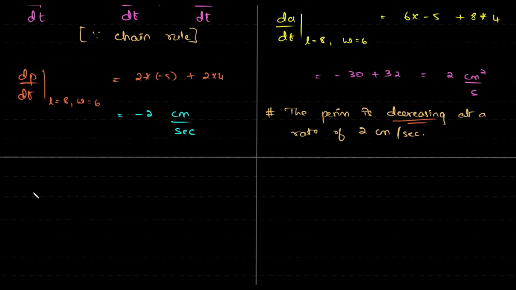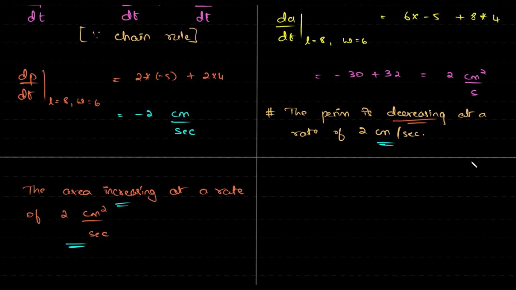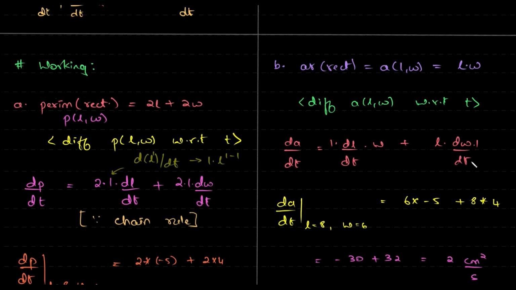And the area is increasing at a rate of 2 centimeter square per second. Again, the unit is important. This is square, and there's no square over here, it's a linear term. So underline the important stuff. Right, guys? So this would be your answer.